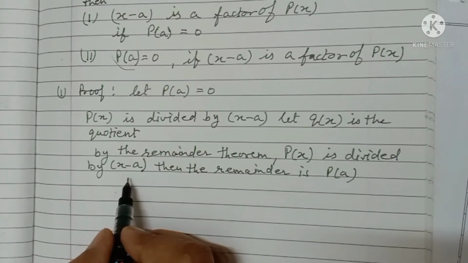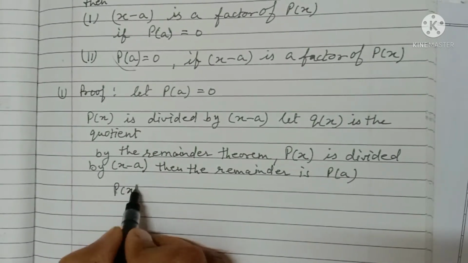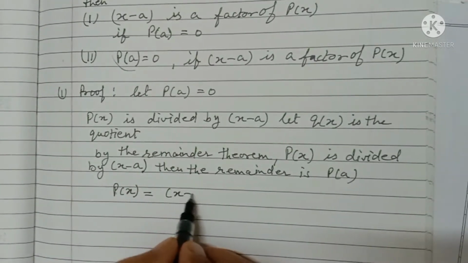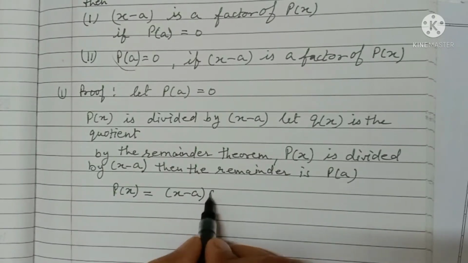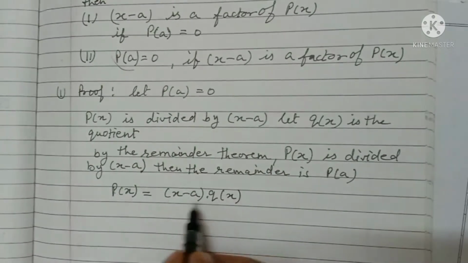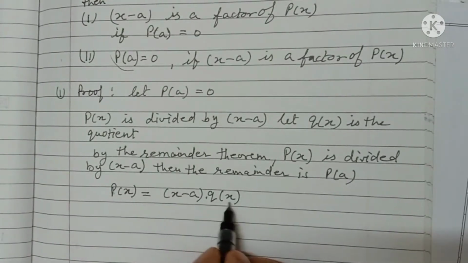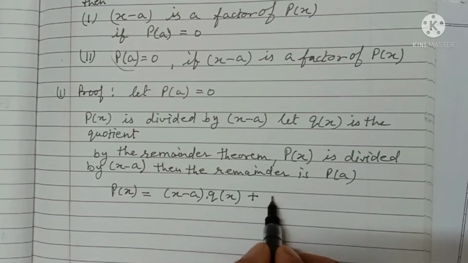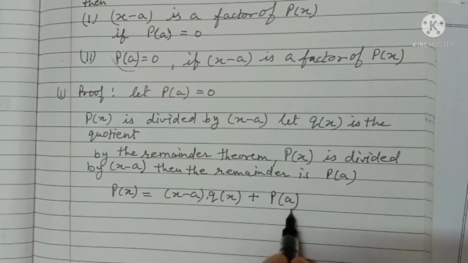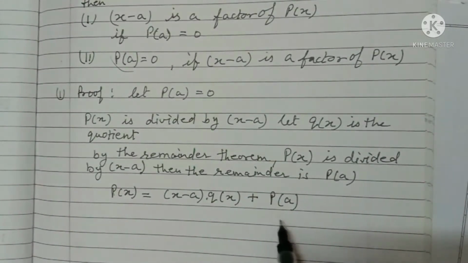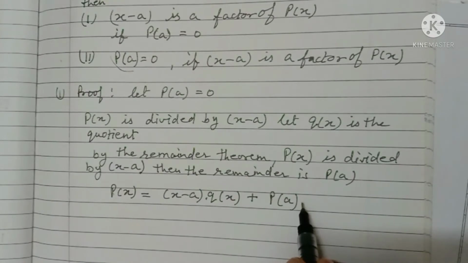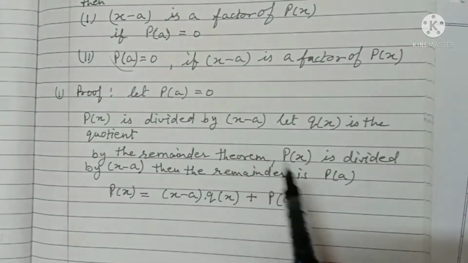So you can write the expression like this: p(x) is equal to (x minus a) into q(x), where x minus a is the divisor because it divides the polynomial p(x), and q(x) is the quotient, plus the remainder p(a). But it is given that p(a) is equal to 0.